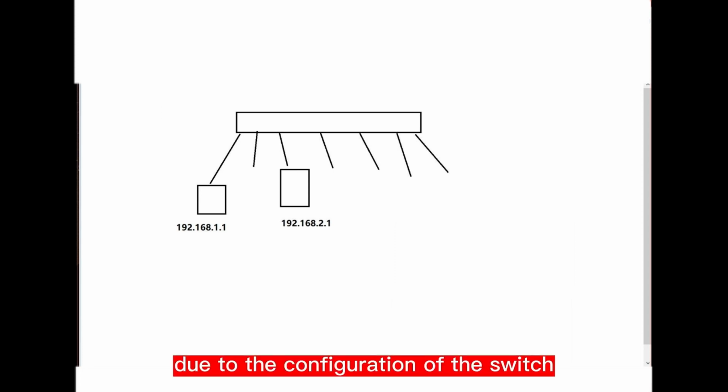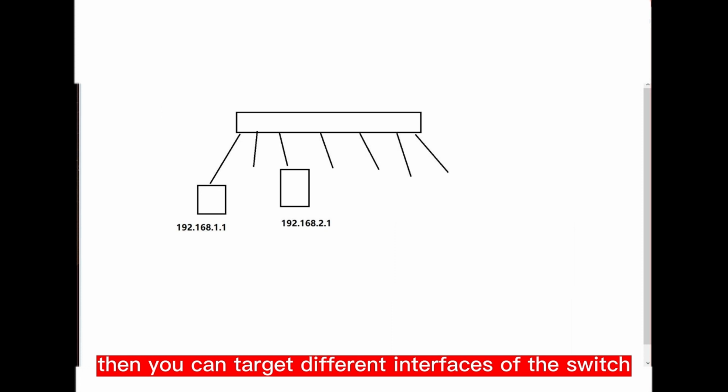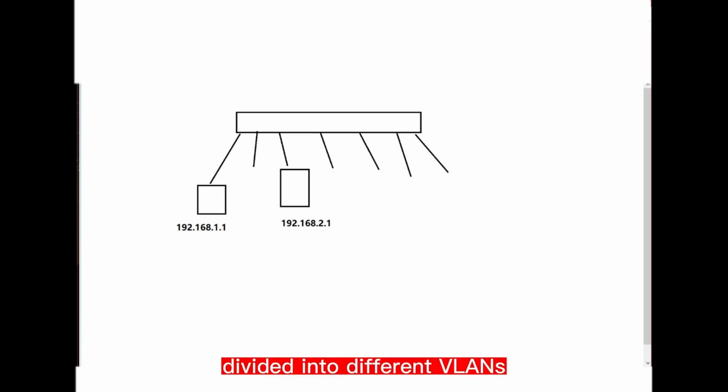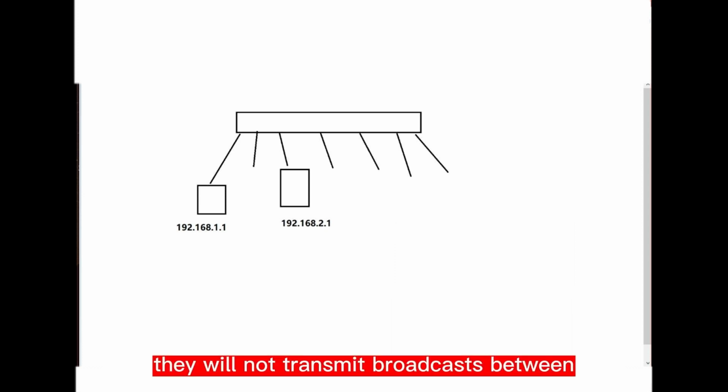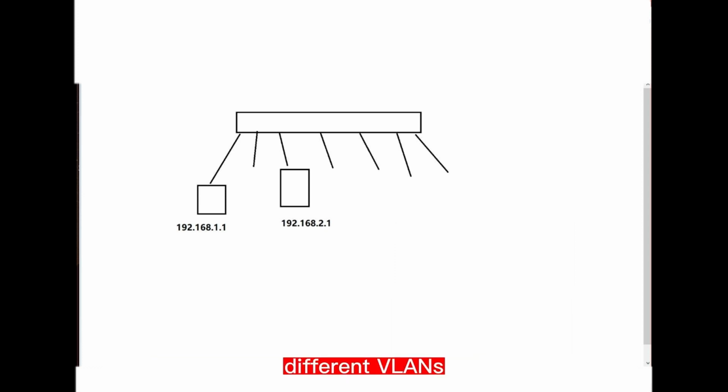Due to the configuration of the switch, you can divide different interfaces of the switch into different VLANs to control future broadcast traffic. The same is true for unicast traffic. They will not transmit broadcasts between different VLANs. So it can be isolated.